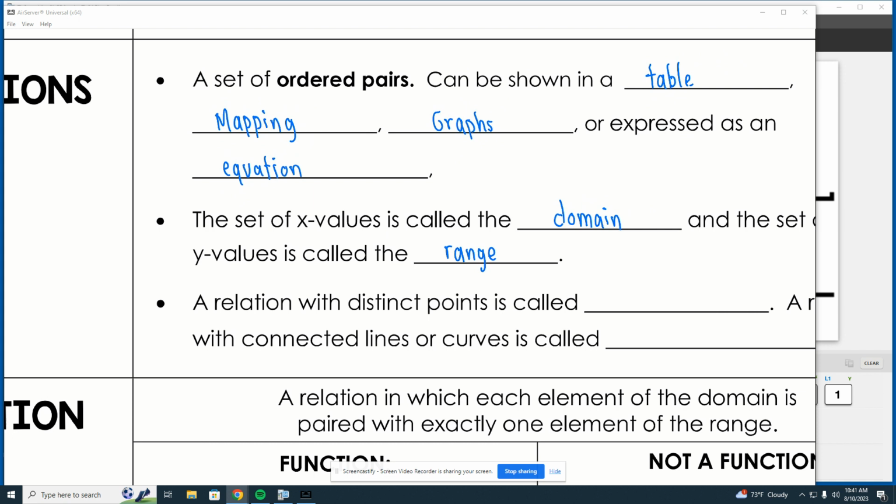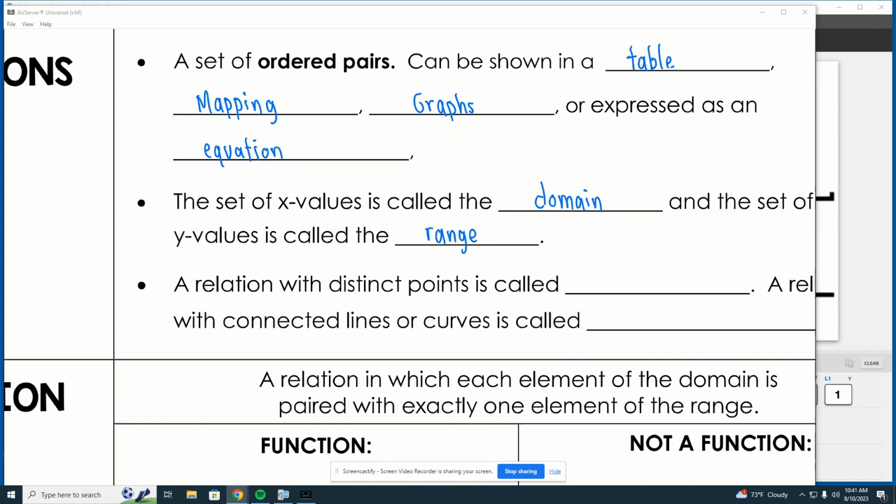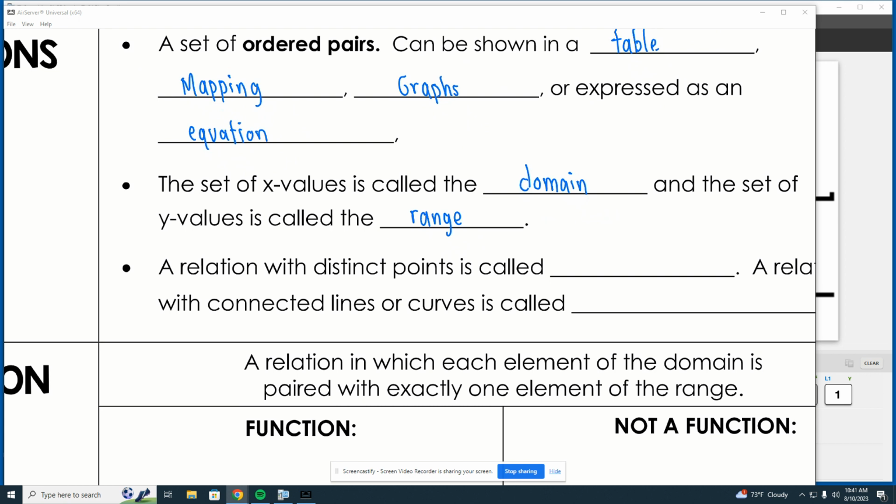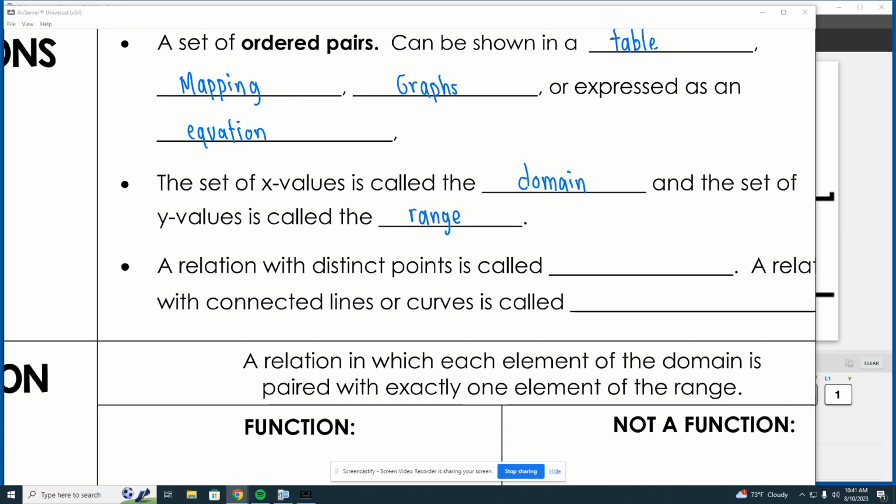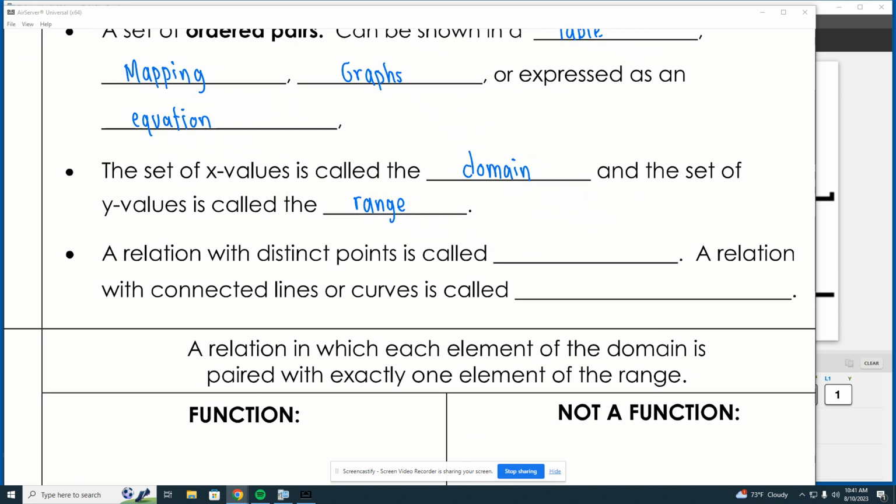Now, sometimes we look at these groups of ordered pairs, and that's all they are. They're just distinct points. When they're distinct points, we call that group of data discrete. But sometimes we're not just talking about the ordered pairs.